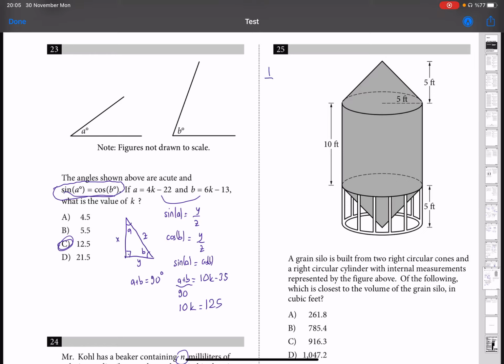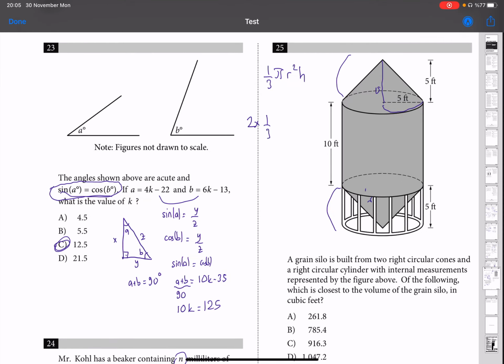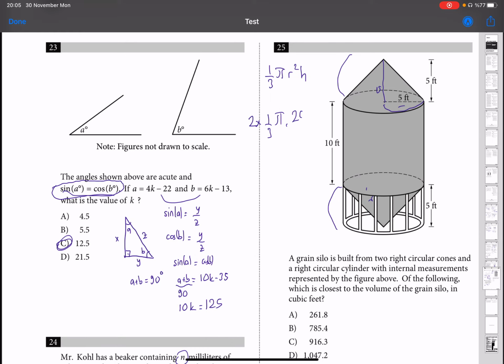It is 1/3 times pi times radius squared times the height. So we have 2 equal cones. So in our case, let's find the total volume of the cones. 2 times, since there are 2, 1/3 times pi times r is 5 feet, so r squared is 25, and height is 5 feet.